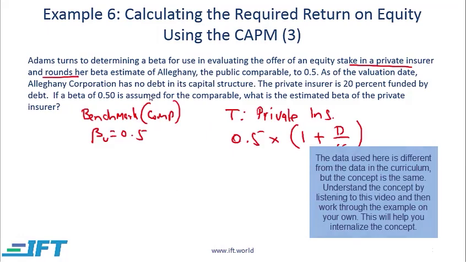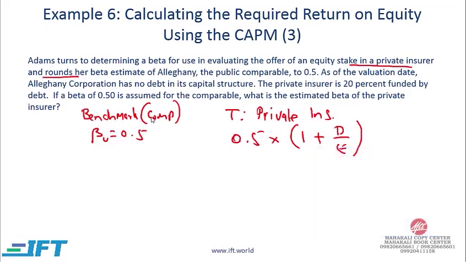So here is what you do. The benchmark or the comparable has a beta of 0.5. It's an unlevered company. There's no leverage. So the unlevered beta is the same as the given beta, which is 0.5. Then your target company is a private insurer. You need to figure out the beta for the private insurer. Private insurer has debt. So the levered beta is 0.5 times 1 plus debt to equity. So what is debt to equity?